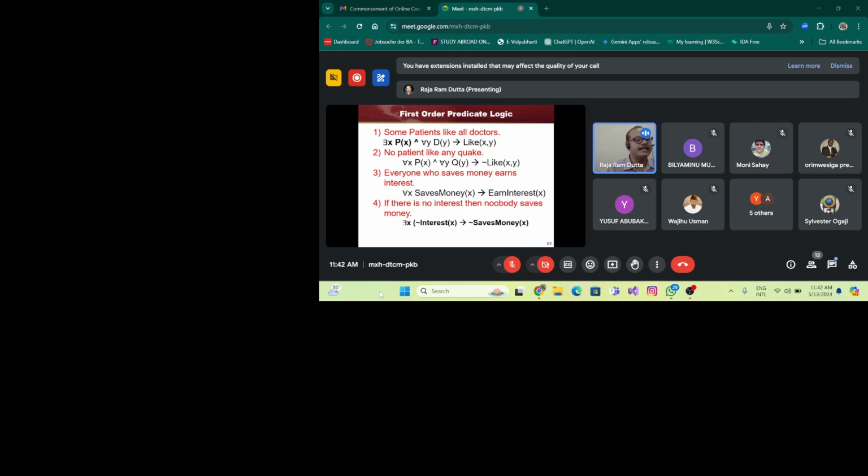Basically, this sentence is fully a negation sentence: saving money is also a negation, and interest is also a negation. So x does not earn interest means x does not save money.